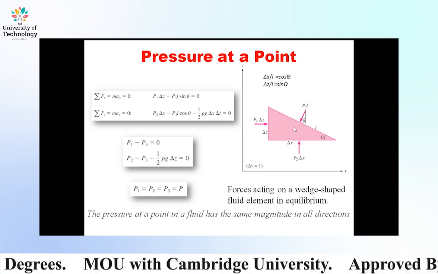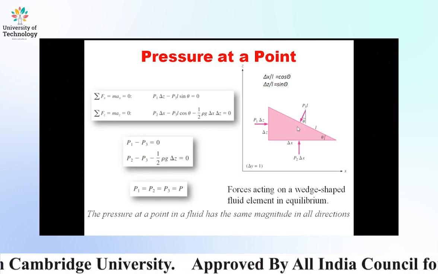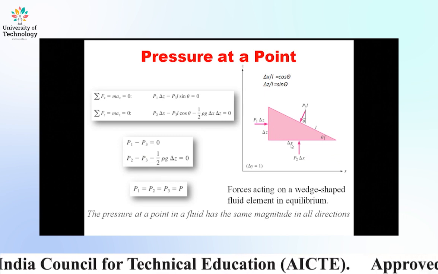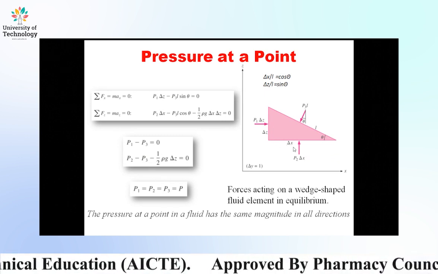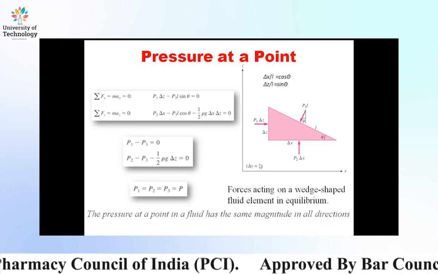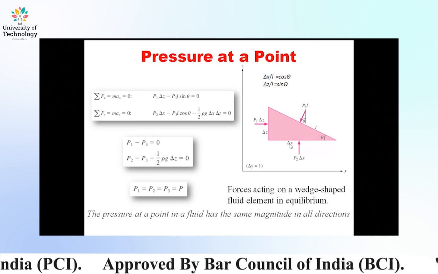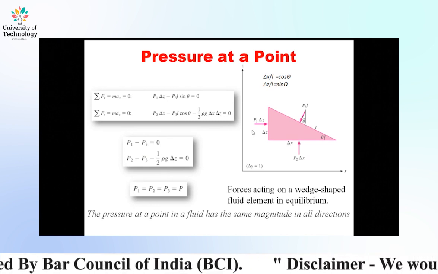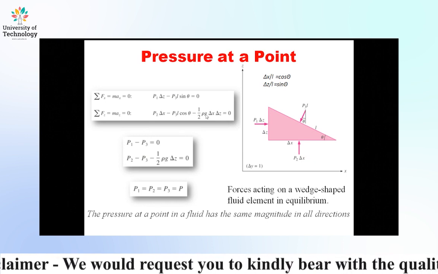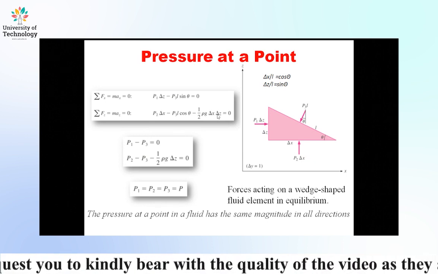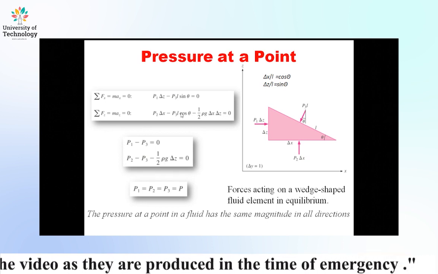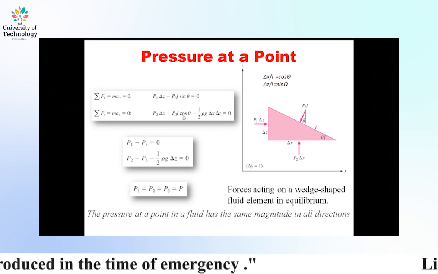The area of this fluid element is half delta x into delta z, and the width is delta y equal to 1. So volume is half delta x into delta z. So W equals m into g, and m is half rho delta x into delta z, multiplied by g. So balance it: P2 delta x minus P3L cos theta minus half rho g delta x delta z equals 0.